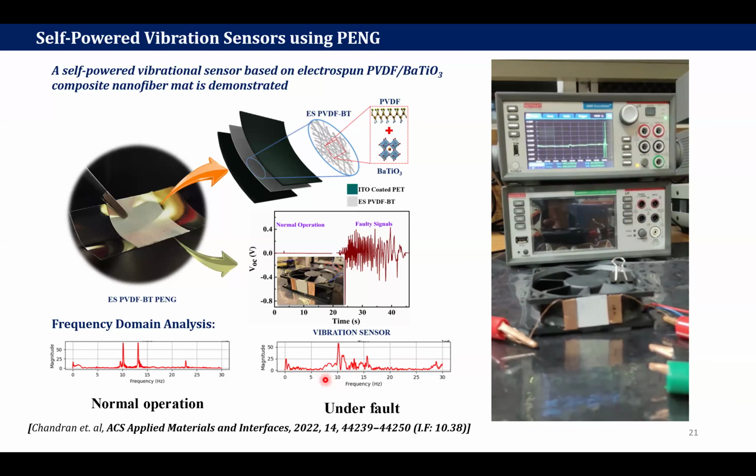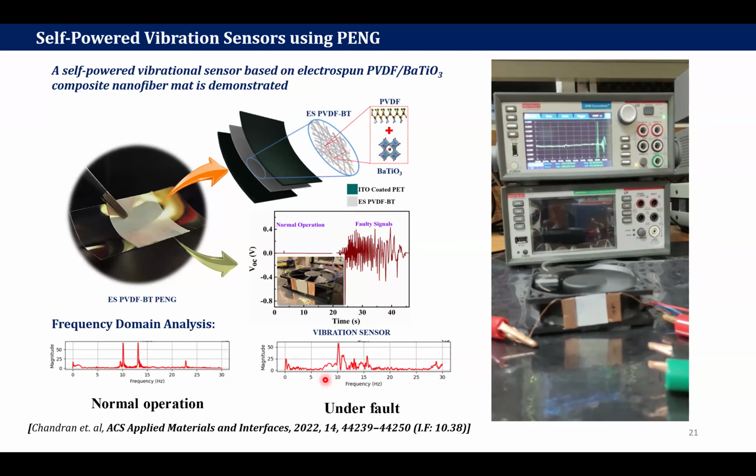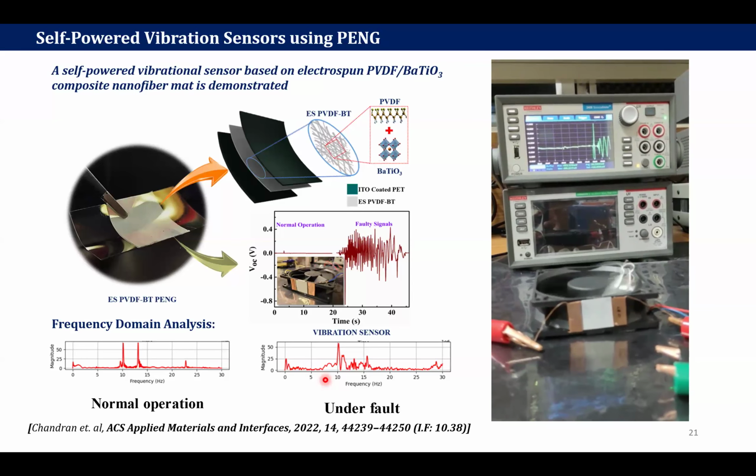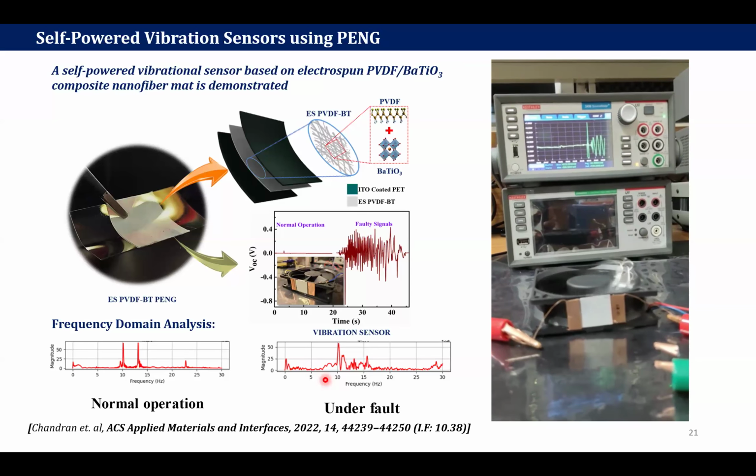Whenever you add some additional weight to one of its pins, additional vibrations are generated. And in real time, you can map those vibrations. Likewise, you can predict a fault occurring in a machine. So if you take the frequency domain analysis, like FFT of this particular signal in normal operation and under fault condition, you can differentiate the frequency signatures.